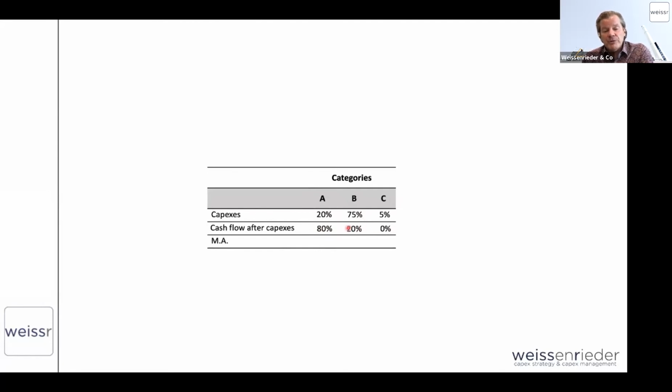These are average numbers. When it comes to Capexes up here, these seem to be true for almost all industries. Wherever we go, companies seem to gravitate into this distribution of capital.